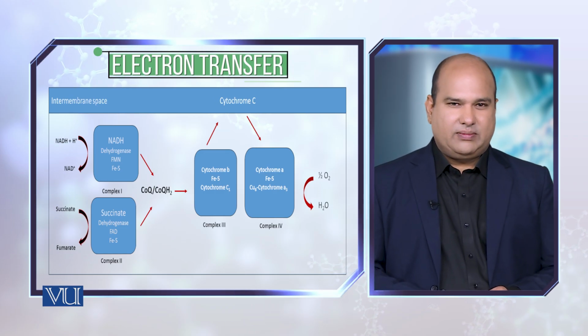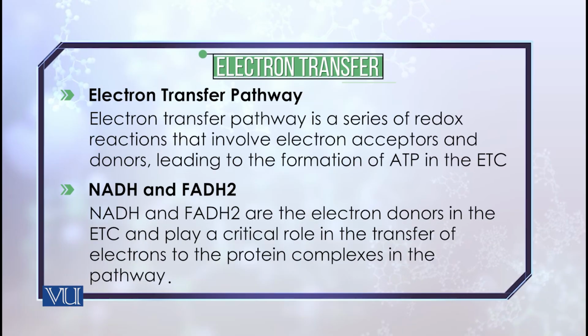Electrons move from one complex to the other, and the first electron donors here come from the metabolic pathways. For instance, NADH and FADH2 come specifically from the Krebs cycle and also from glycolysis.